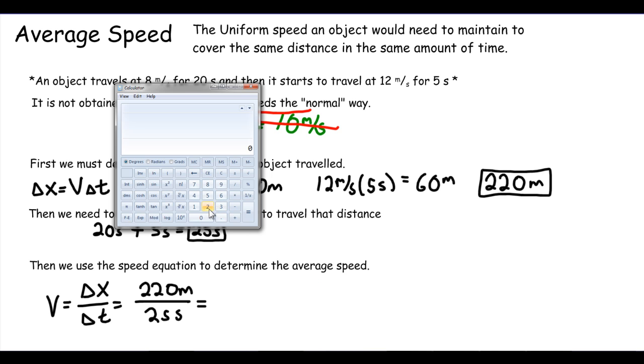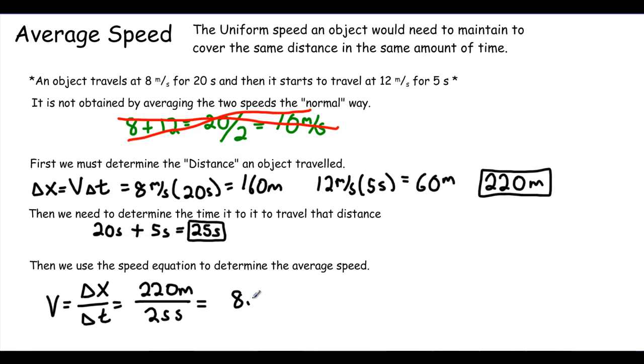I will type into my calculator 220 meters divided by 25 seconds, and I get that my average speed is 8.8 meters per second. Notice it is not the 10 that we got before. It is 8.8. And what that means is that if I traveled at 8.8 meters per second for 25 seconds, I would be at the same position.